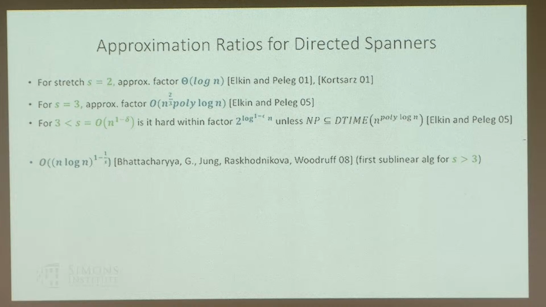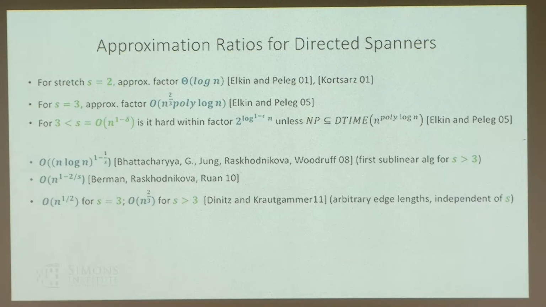Our result was an n to the 1 minus 1 over s approximation ratio, so just slightly sublinear. And it was the first sublinear approximation ratio algorithm for s larger than 3. But from then on, things got improved again and again.